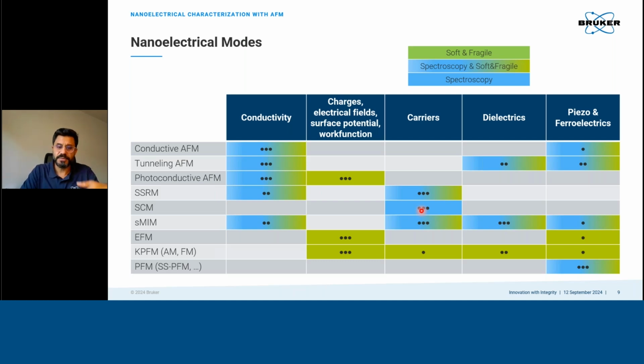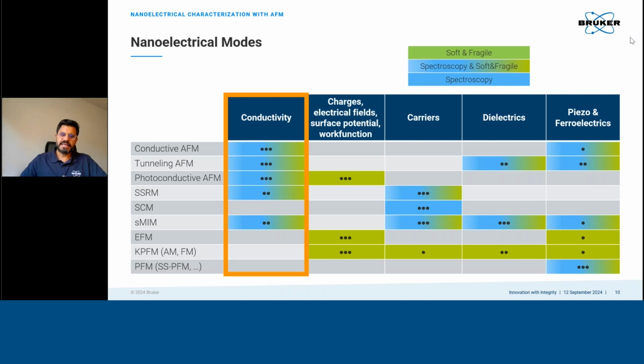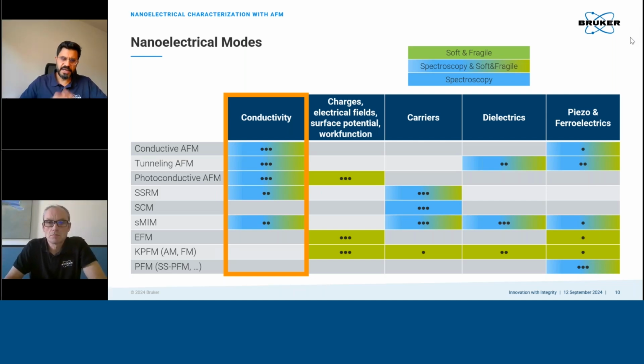And this propels the application of AFM for electrical measurements, because now we can look into very soft materials, even biological samples, for example. From here, we are going to look into the conductivity and all the methods associated with it. And now I hand it to Peter.